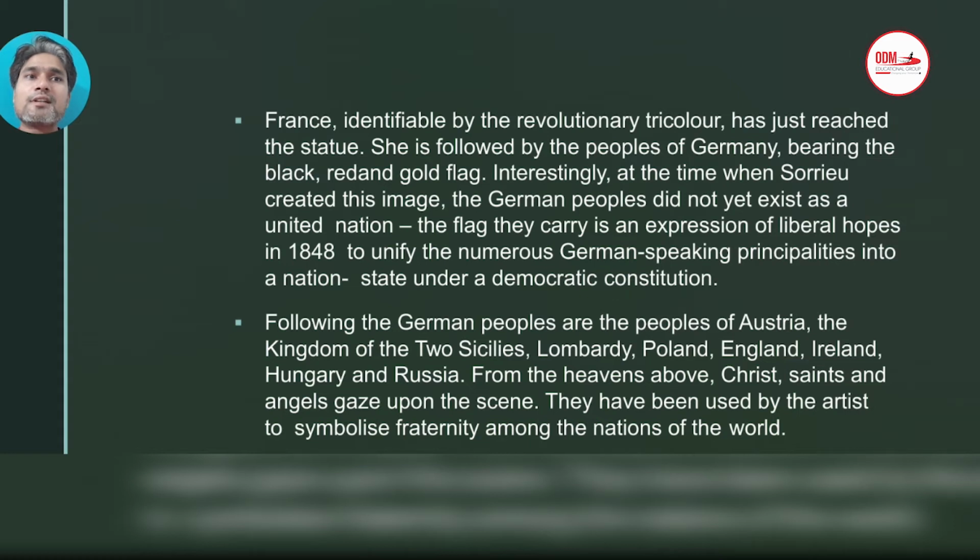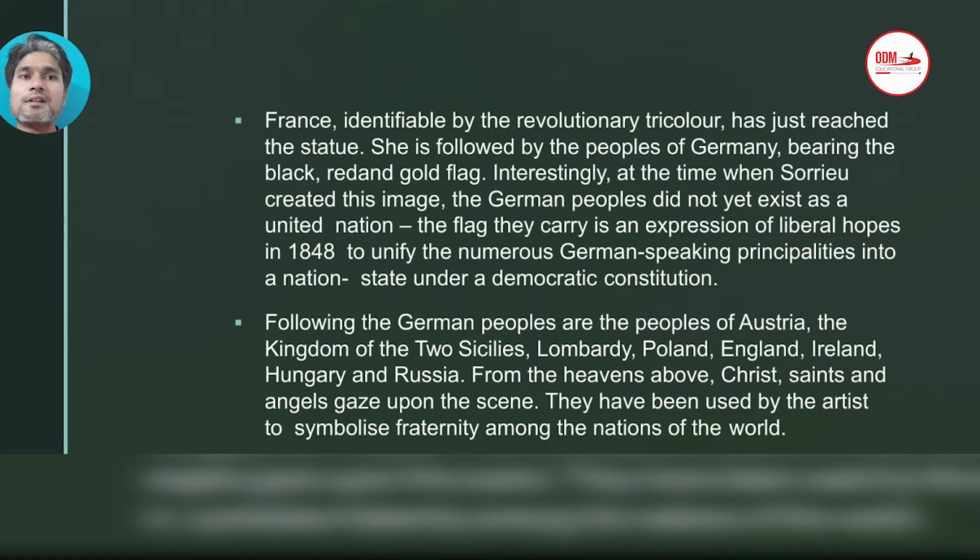Germany was not at all united at that time. It was under some influence. The flag they carry is an expression of liberal hopes in 1848 to unify the numerous German-speaking principalities into a nation state under a democratic constitution.